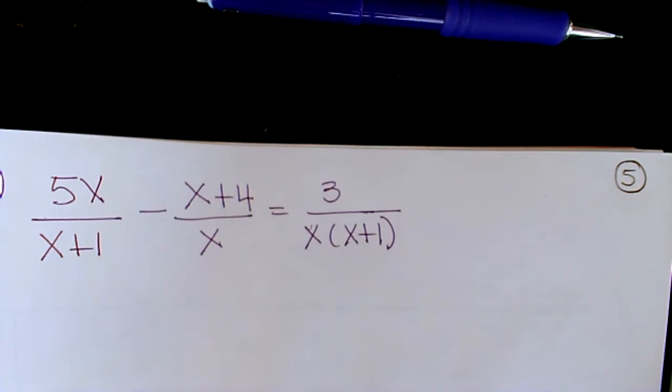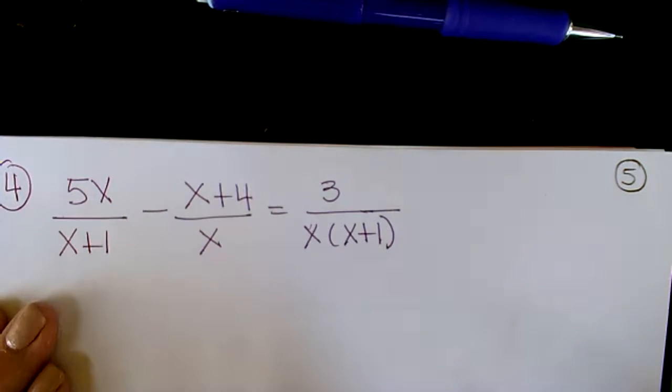Good, the lowest common denominator. So we create the lowest common denominator, and then we can ignore the denominators. So let's do that.